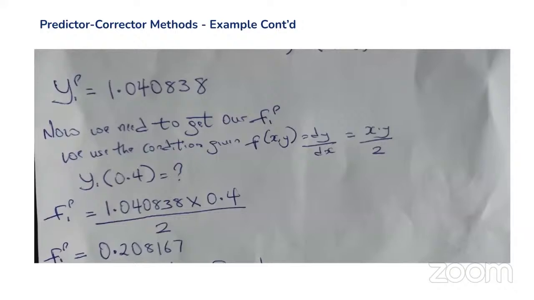Now, like what I said earlier, in our corrector's formula, there's an unknown that we still have to solve in order to proceed to insert our values into the corrector's formula. And to solve for that unknown, which is f subscript 1p, we have to use the predictor value that we got using our predictor's formula, which is 1.040838.